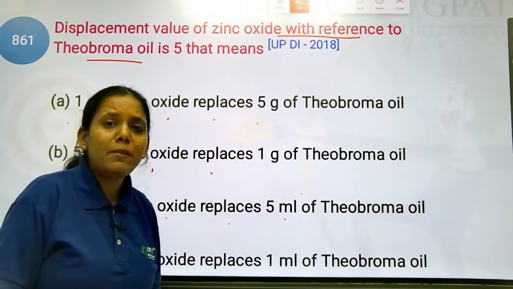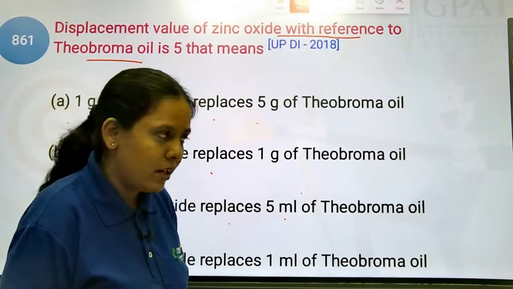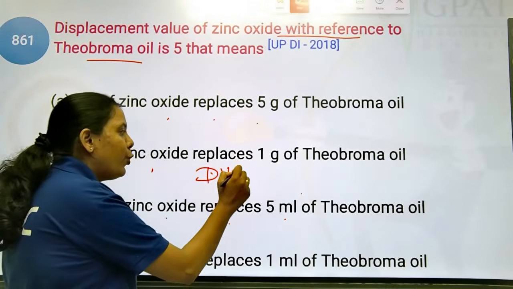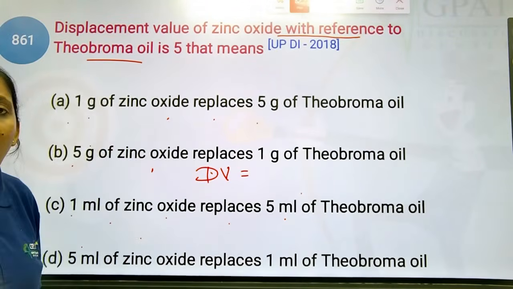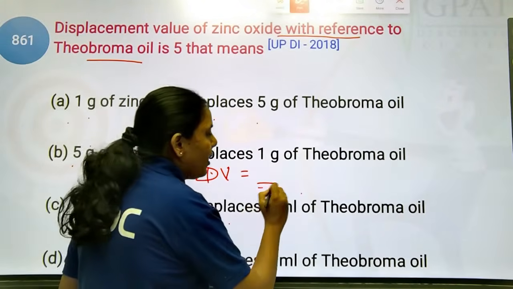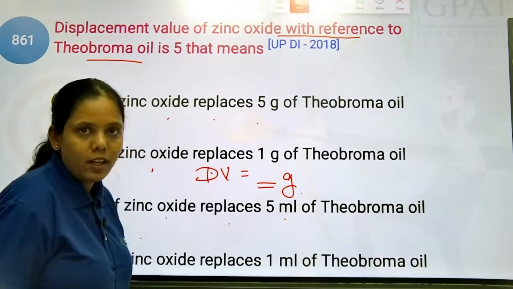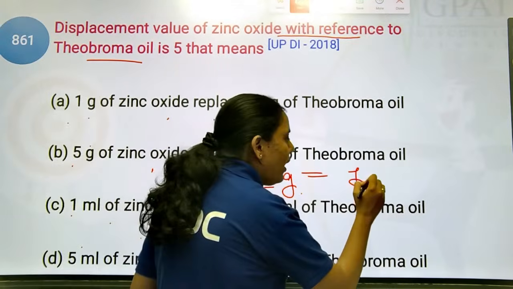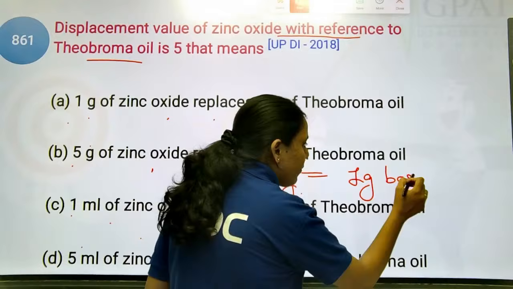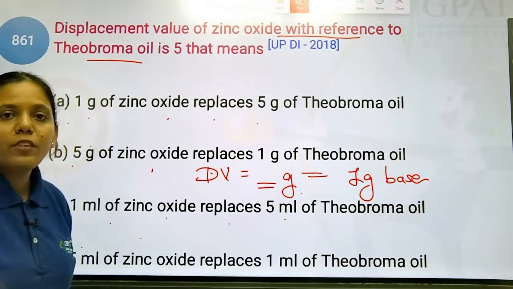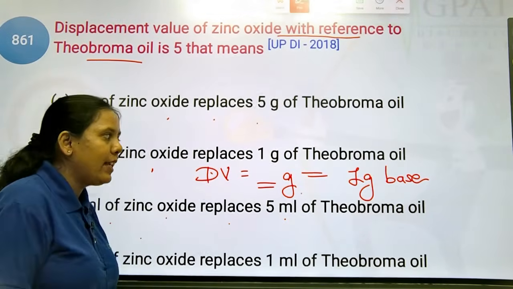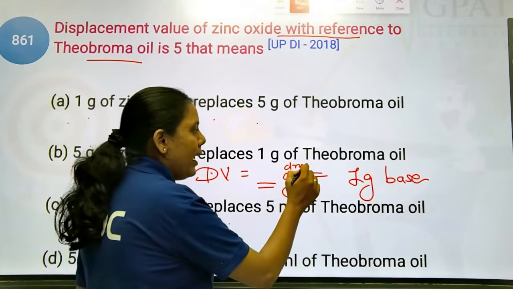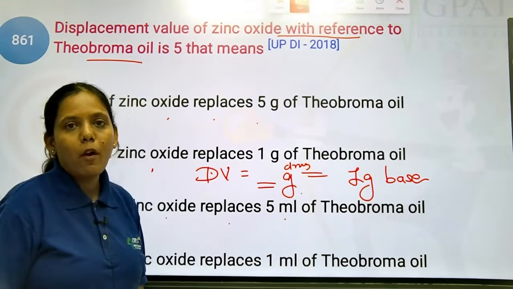So displacement value is nothing but how many grams of drug displace 1 gram of base. How much gram of the drug displace 1 gram of the base.